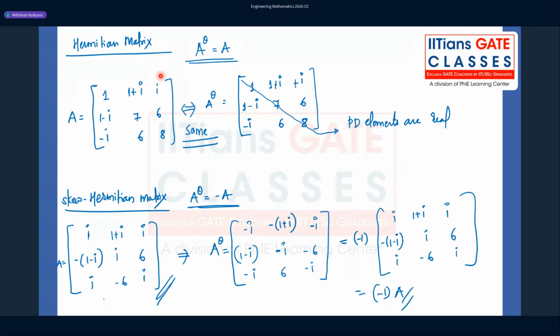After taking transpose, this i will come here, but after taking conjugate, this will become minus i. And you can clearly see you are ending up with the same matrix as the original matrix after taking the transpose of a conjugate or conjugate of a transpose. So A to the power theta and A are the same, and hence we can call it a Hermitian matrix.